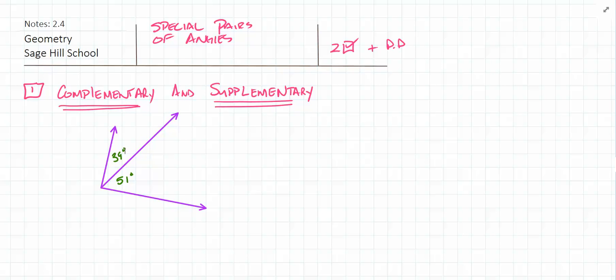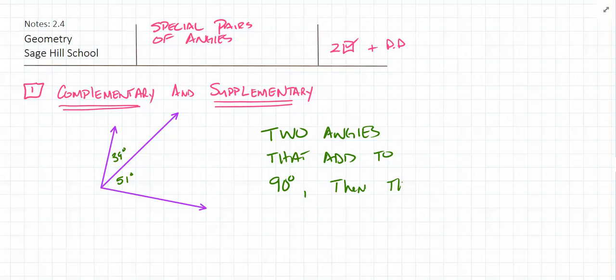But there's no box. That's true, there is no box. You can't assume anything, right? So the only thing that we want to focus on right now is the definition. If we have 2 angles that add to 90 degrees, then they are complementary.